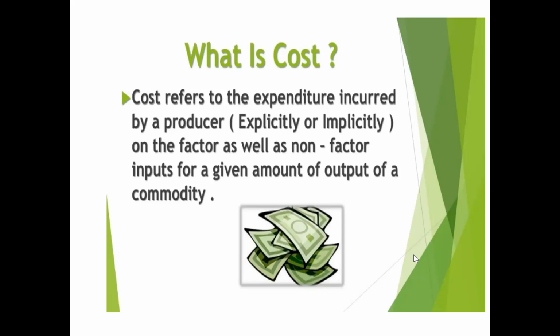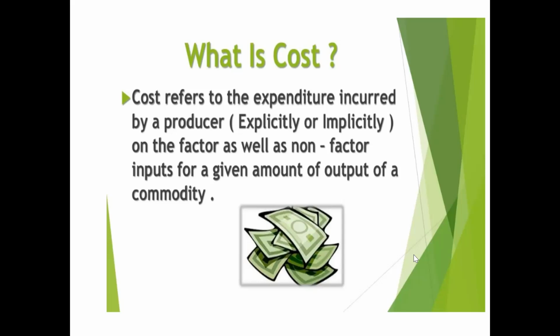So we have to purchase all these factors of production. For that, we as suppliers and producers have to spend, right? We have to spend, and that amount we identify as the cost. The cost refers to the expenditure incurred by a producer on the factors of production.